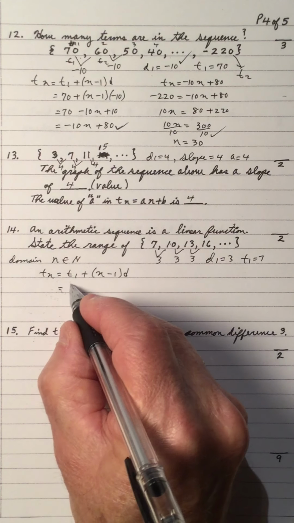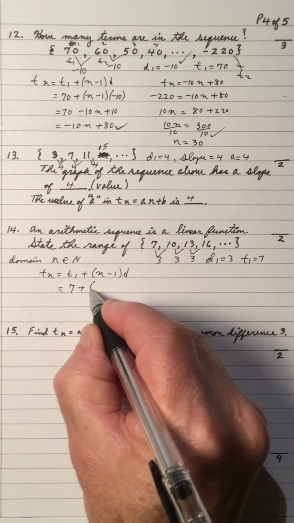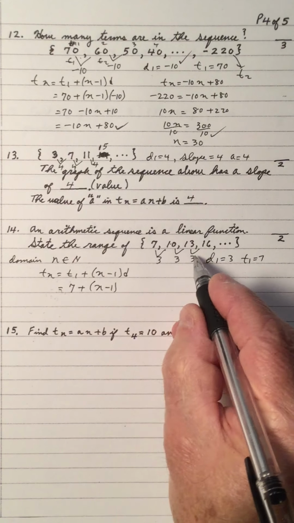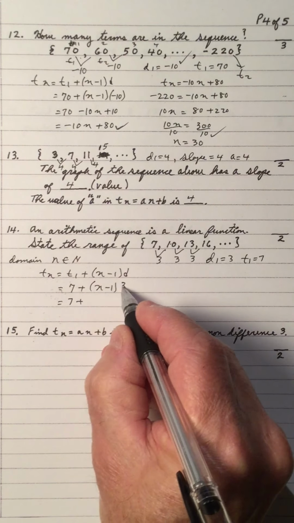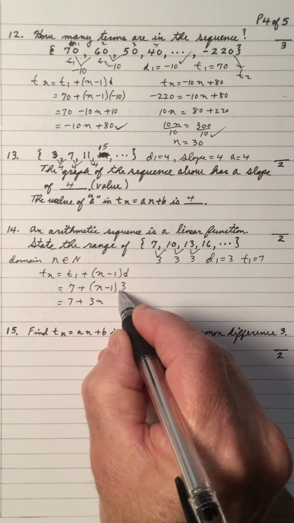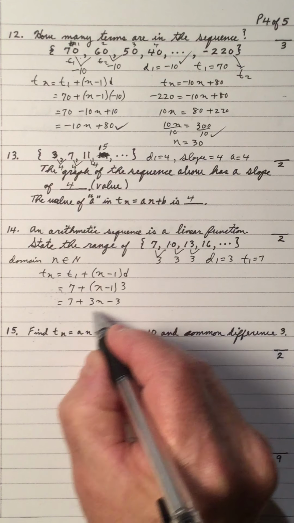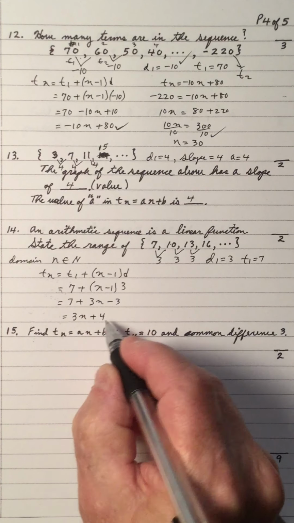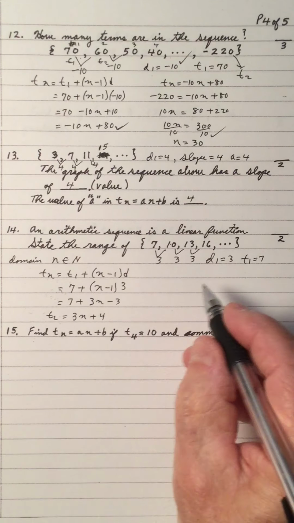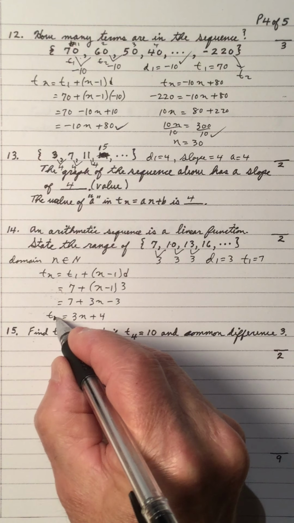So T1 is 7 plus n minus 1, D is 3. So 3 times n, 3n. 3 times negative 1, negative 3. So 3n plus 4. Tn is the equation.